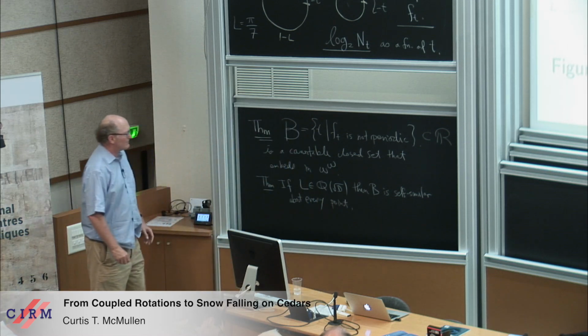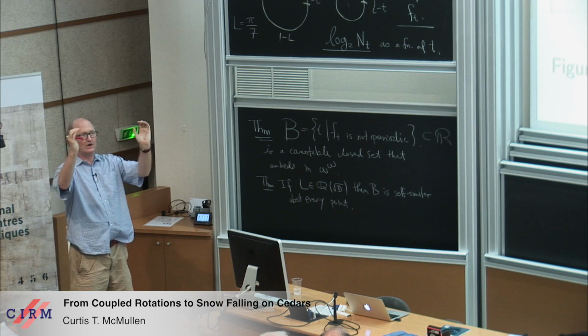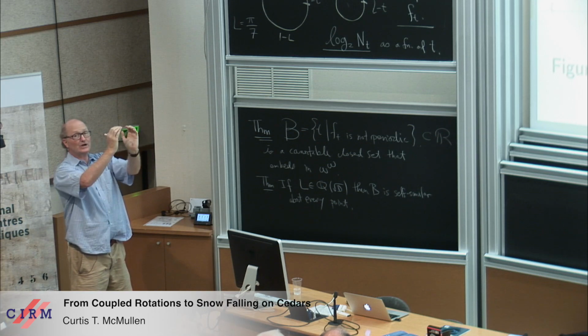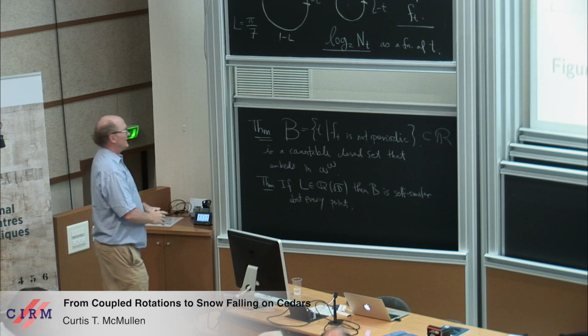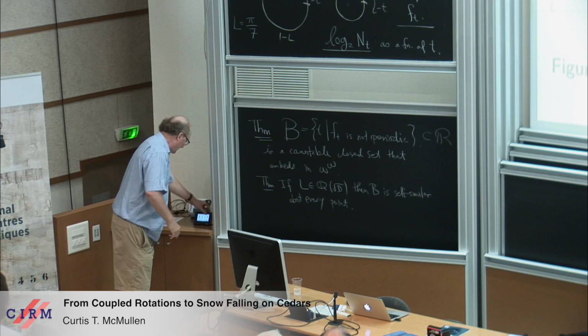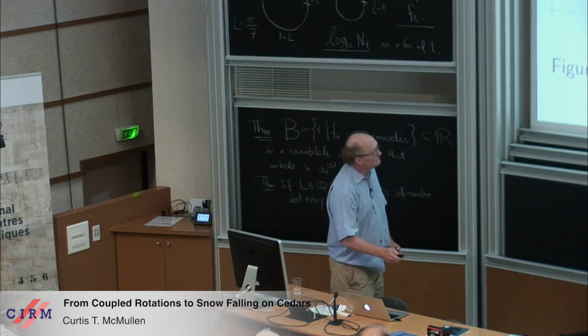And what I mean by self-similar is that if you pick a point in the bifurcation locus, there is locally a linear contraction of the interval that sends the bifurcation locus into itself.